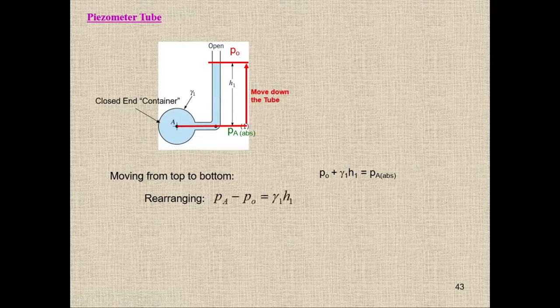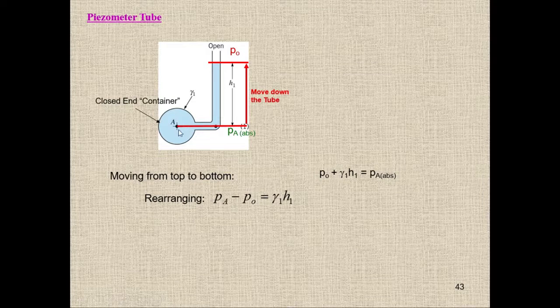So if I rearrange this, it will be PA minus P naught. In any case, if atmospheric pressure is not given, please do not assume any value. Rather, simply solve PA minus P naught.